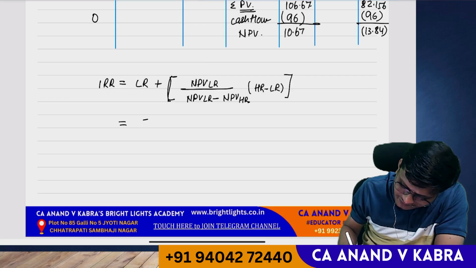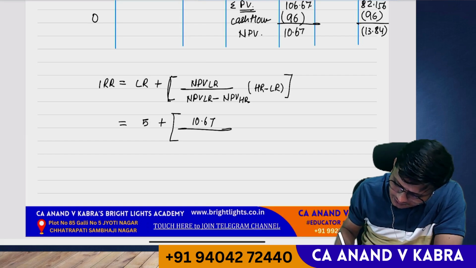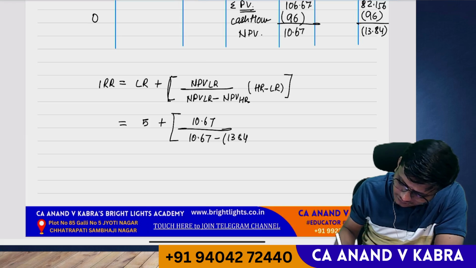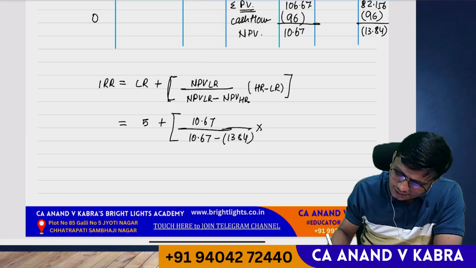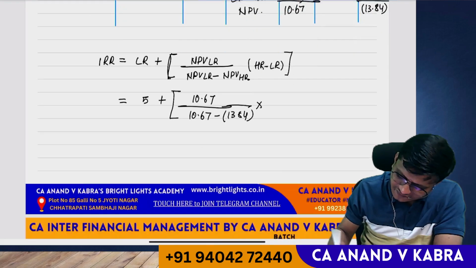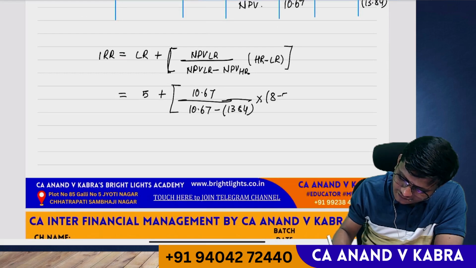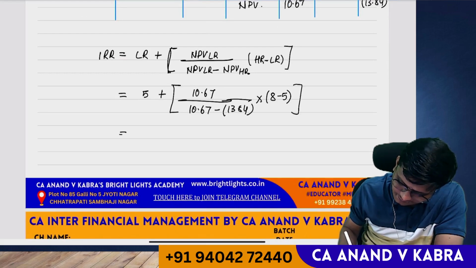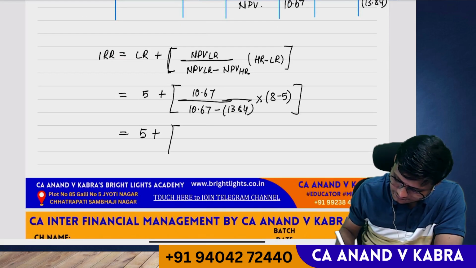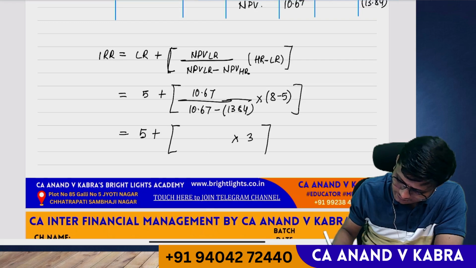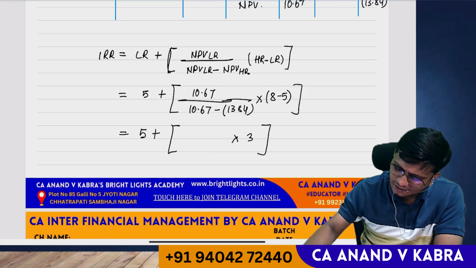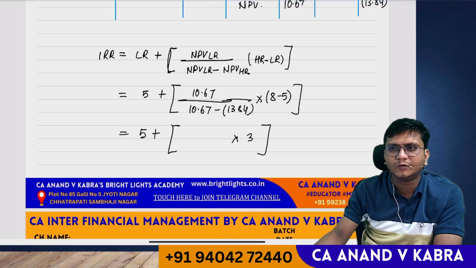Lower rate is 5% plus NPV at lower rate is 10.67, divided by 10.67 plus 13.84, into 8 minus 5. So 10.67 plus 13.84 equal to 24.51.